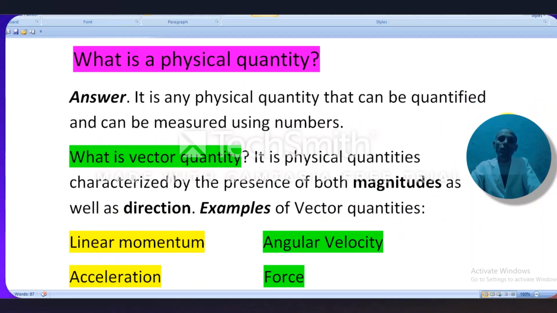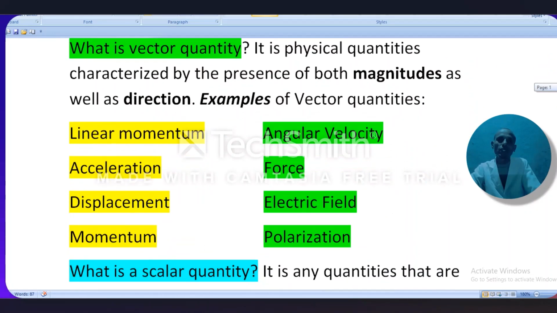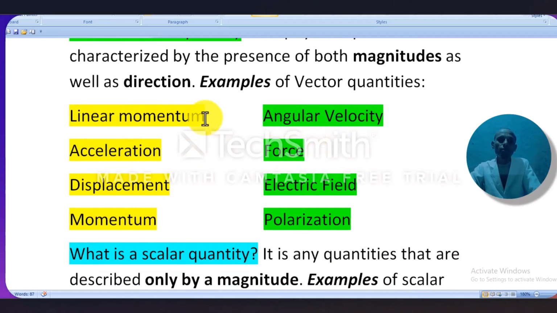Vector quantity means a physical quantity characterized by the presence of both magnitude as well as direction. Examples of vector quantity: linear momentum, acceleration, displacement, momentum, angular velocity, force, electric field, and polarization.